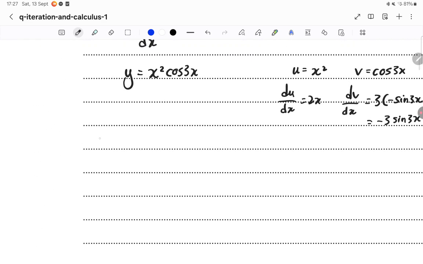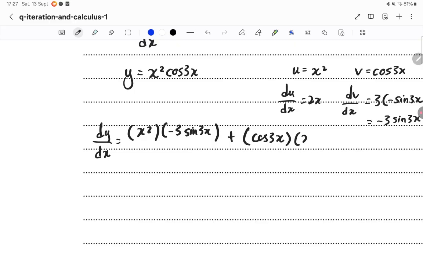Okay, so now just apply the product rule, which is u dv/dx, so u times negative 3 sine 3x, plus v du/dx.